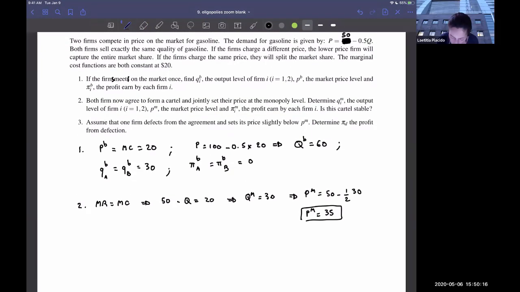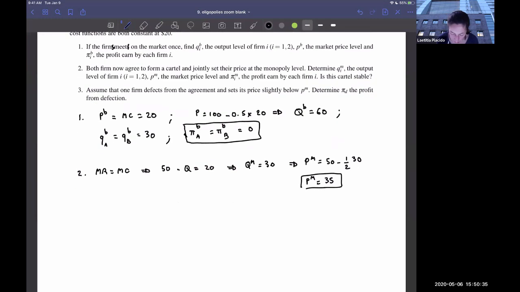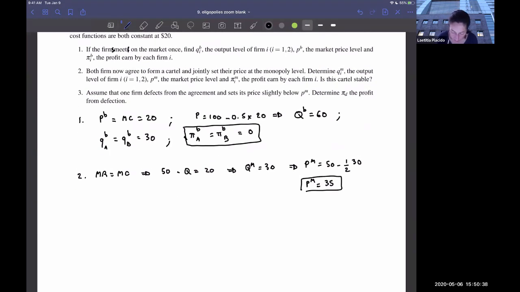So we would need to double check this, but we are ultimately interested in the profit level, okay? So the profit, whatever the equation of the demand curve, is going to be 0 in that scenario here. All right, so I'm running a little bit late. So I want to calculate the profit first. What is the monopolist profit? It's PM minus MC times QM.